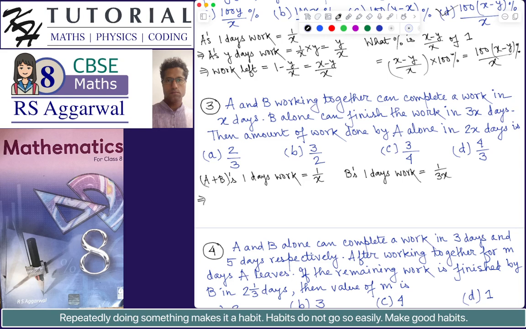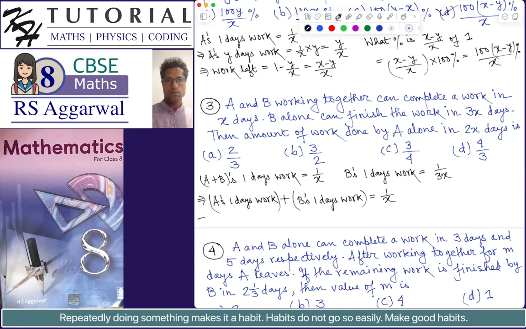A plus B's 1 day's work means A's 1 day's work plus B's 1 day's work, which is equal to 1 by X.